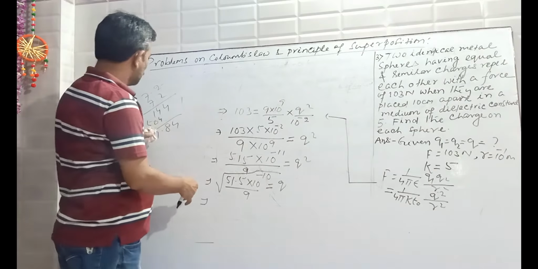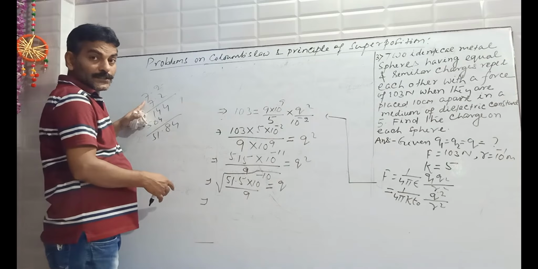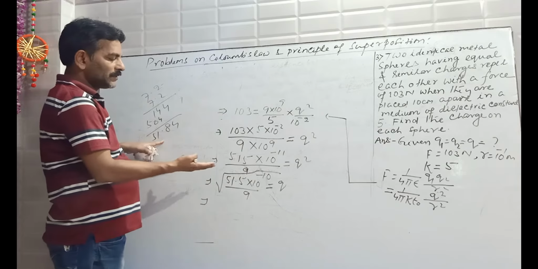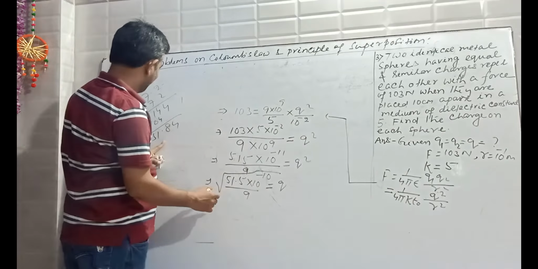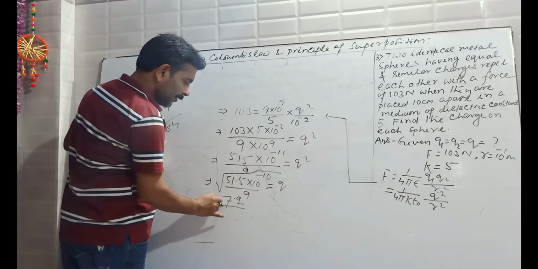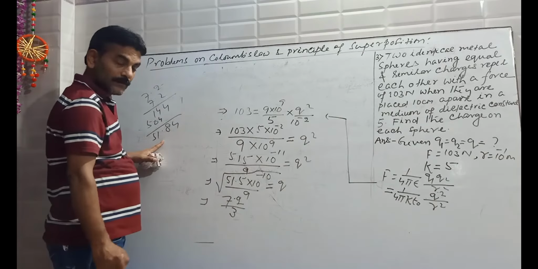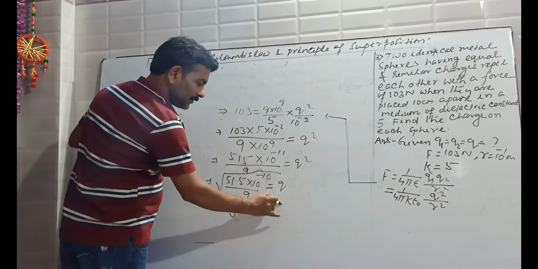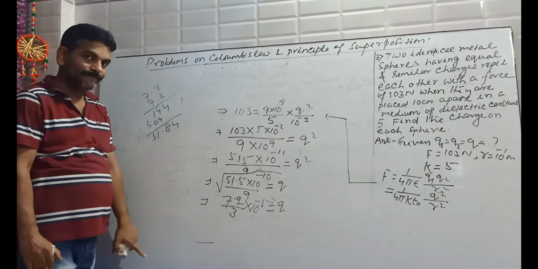So it will come around 7.2. So let it be 7.2 by 3 into 10 to the minus 5 is equivalent to Q. Okay.